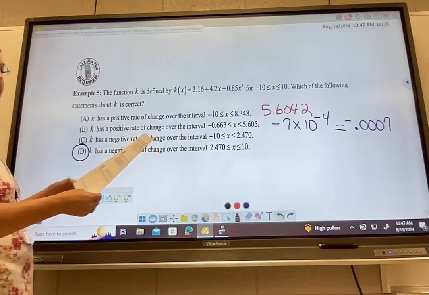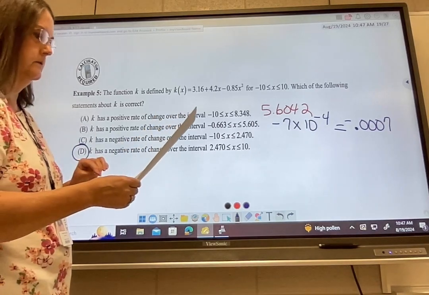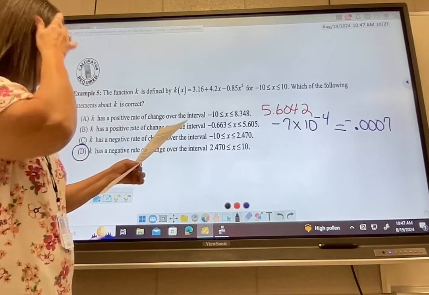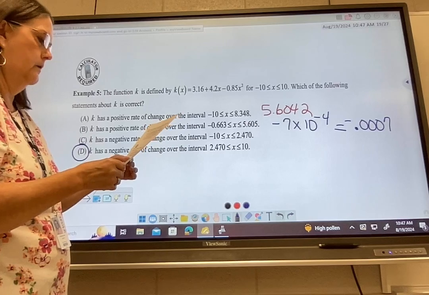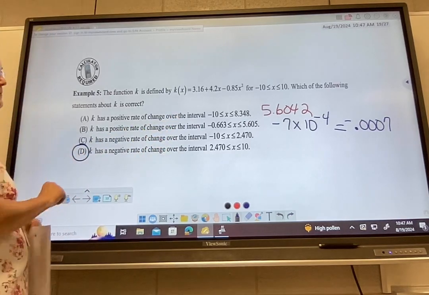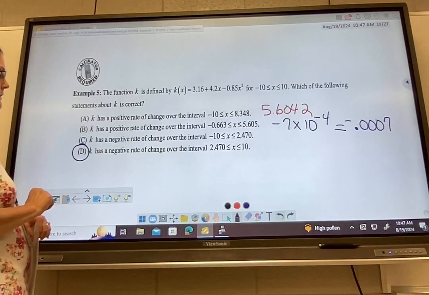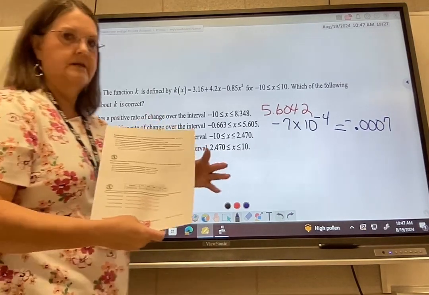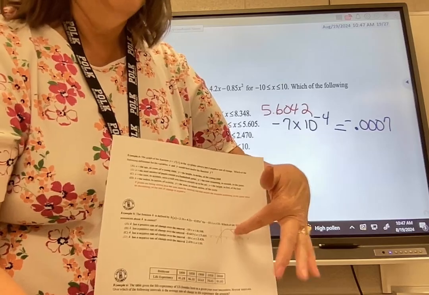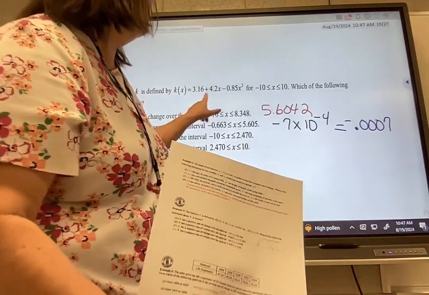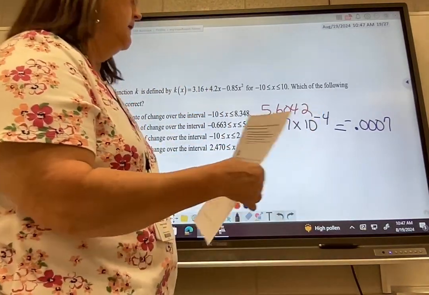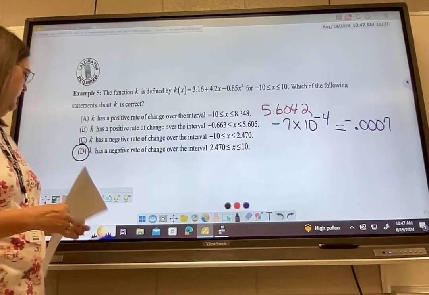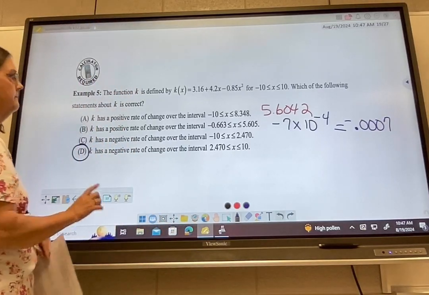And even looking at his notes, it does. 2.4. And this is correct. I think there's two answers on this one. I think it's A and D. So looking at his graph, it's definitely got a positive rate of change from negative 10 to 8. So anyway, I will take a look at that later.